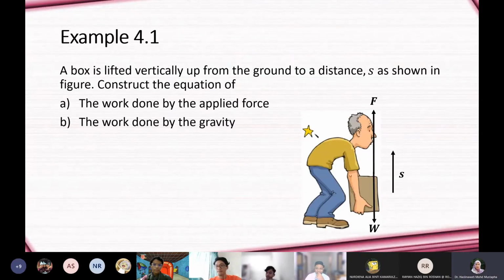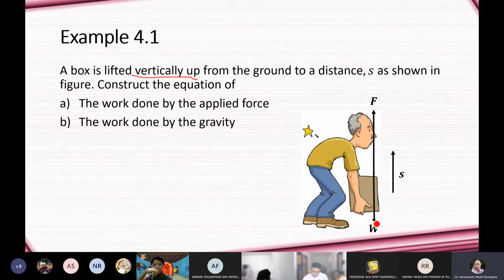Okay, look at example. A box is lifted vertically up from the ground. So dia dah bagi tahu dekat sini, vertically up, ke atas, from the ground, daripada tanah, to a distance as question ni 3.